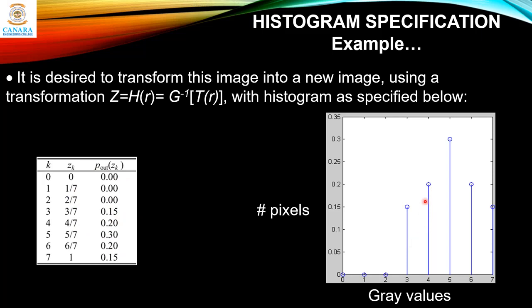When you plot the target histogram, this is how it looks. Let's see how successful we will be in transforming the input image into something like this.